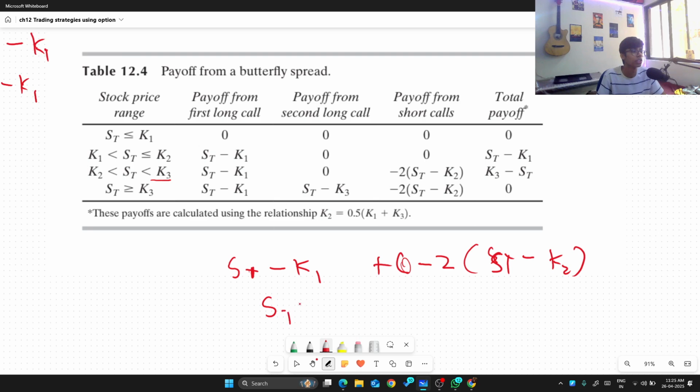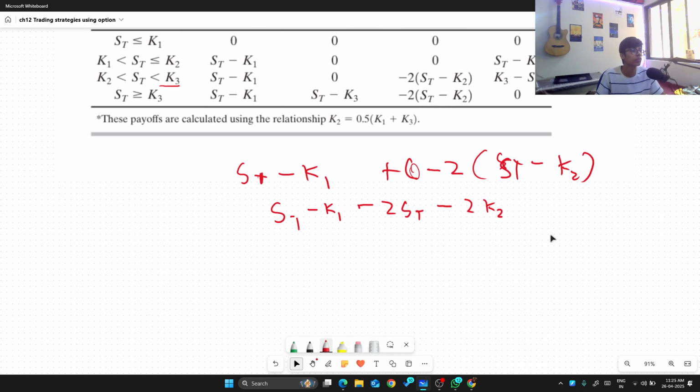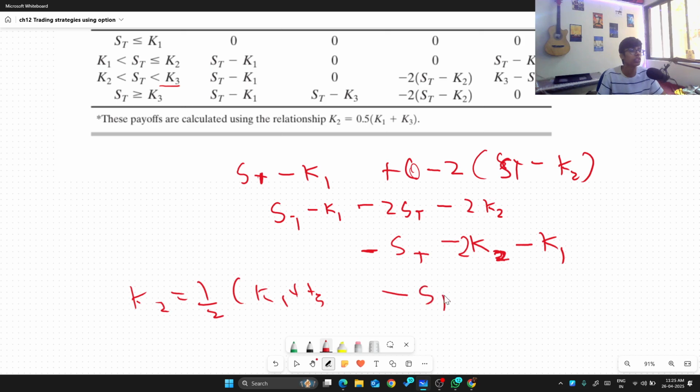And then it will be ST minus K1 minus 2 ST minus 2 K2, and that would be minus ST, and that would be minus K1 and minus 2 K2, and we know that K2 is equal to half of K1 plus K3, that would be minus ST, and minus 2 times 1 by 2 K1 plus K3.